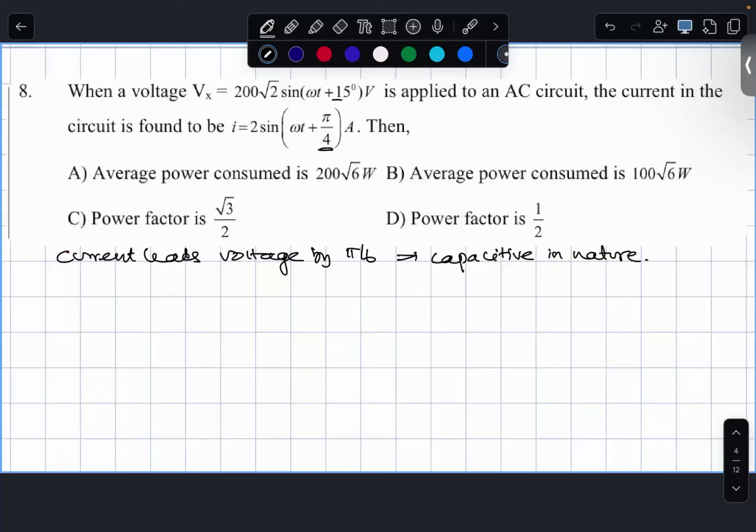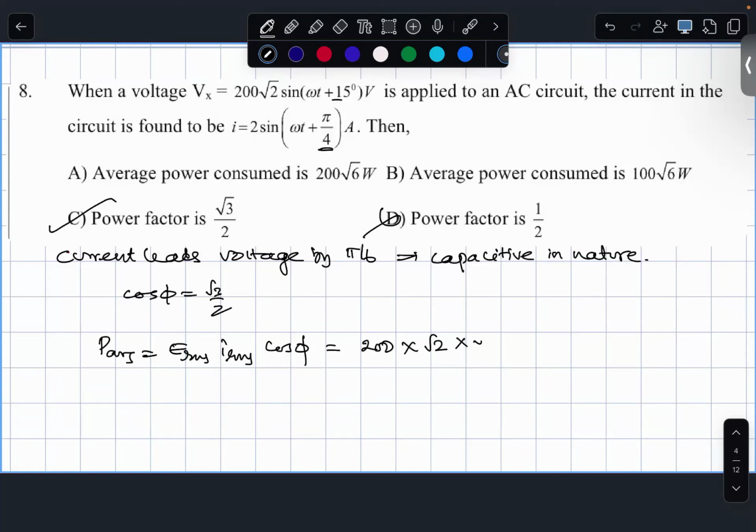So therefore, power factor is what we know. Cos phi is cos 30 degrees, which is root 3 by 2. So P average is ERMS, IRMS, cos phi. ERMS is 200. IRMS is root 2.